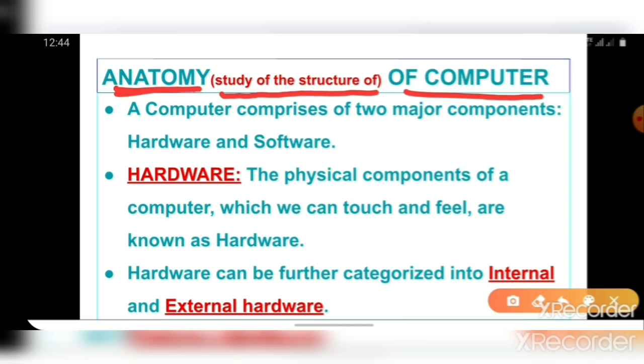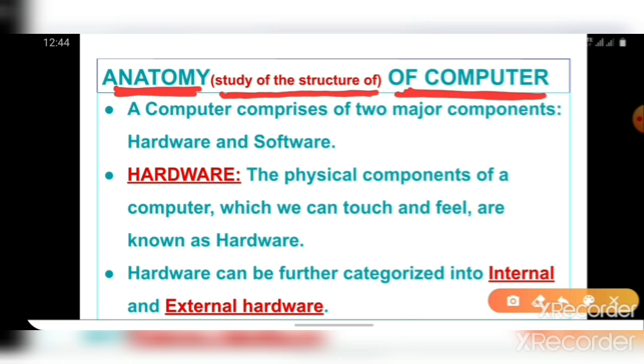In the same manner, study of the structure of a computer is called anatomy of the computer. So in this topic, we are going to study the structure of the computer in detail.